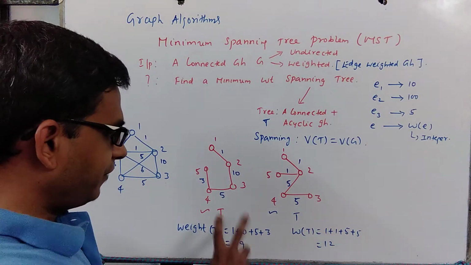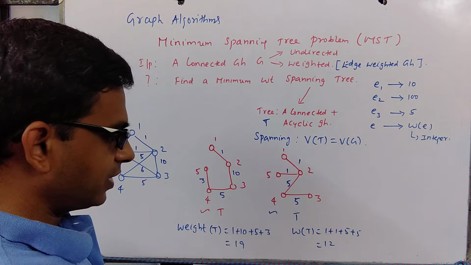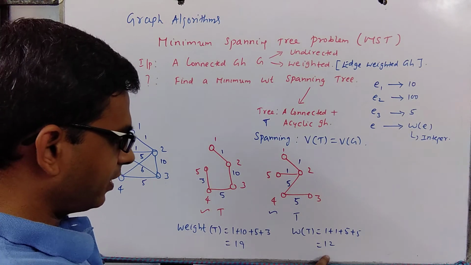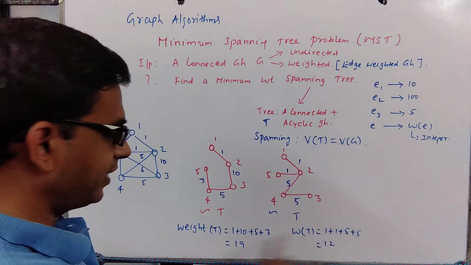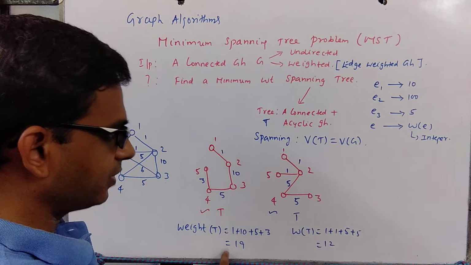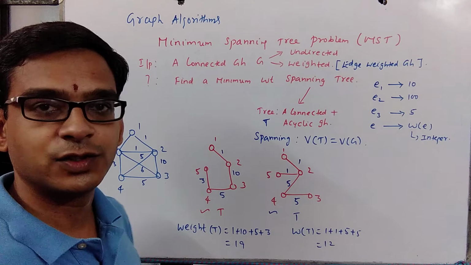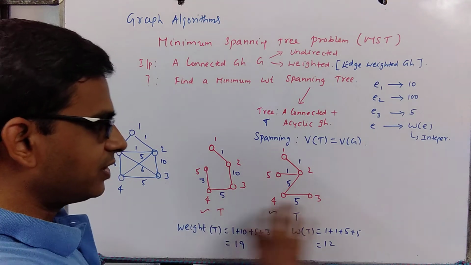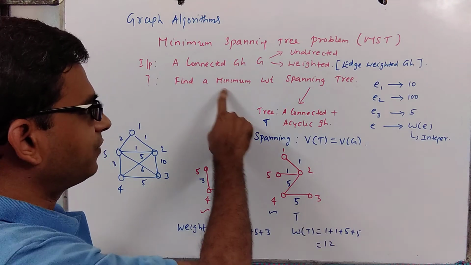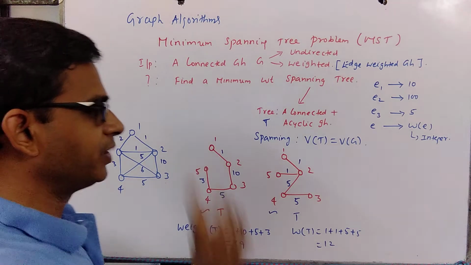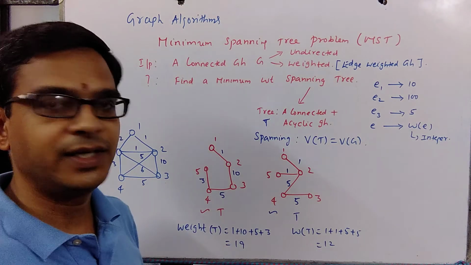So between these two, this one is better because this weight is smaller. Like this we may find other spanning trees also. Of all these, we want the one for which the weight is minimum. That's precisely the objective.